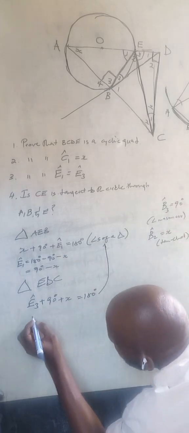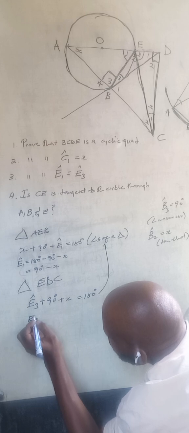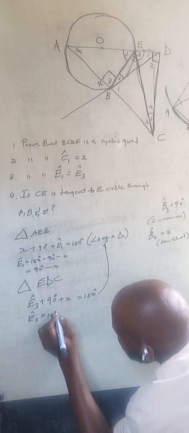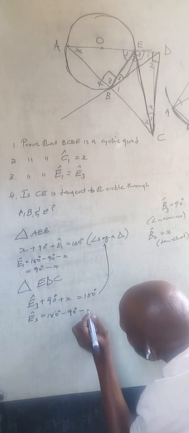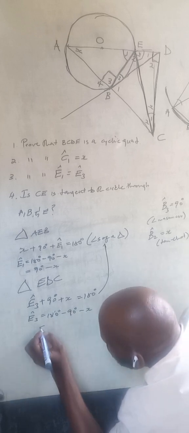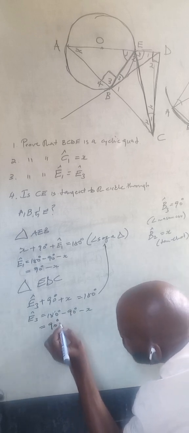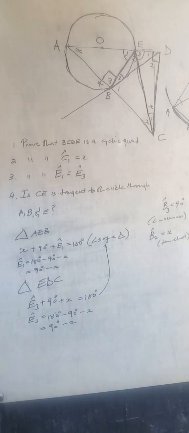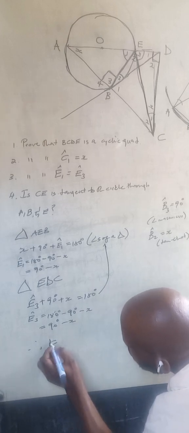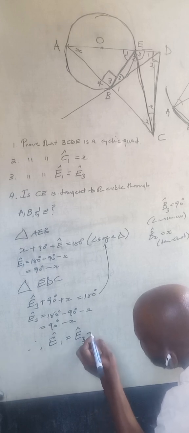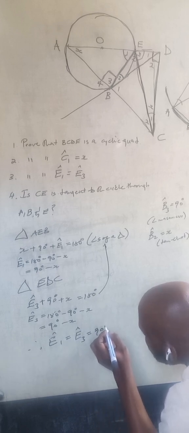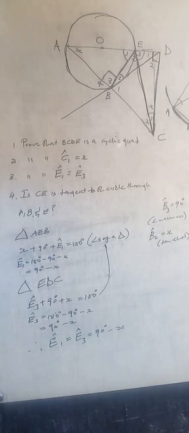The reason is angles of a triangle. So you can clearly see that angle E3 is equal to 180 degrees, transpose the 90, change sign, transpose the x, change sign, so this is also 90 degrees minus x. Therefore, angle E1 is equal to angle E3, they are equal to 90 degrees minus x. Alright?